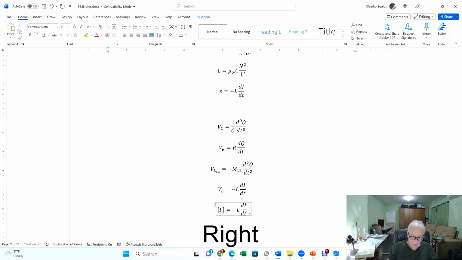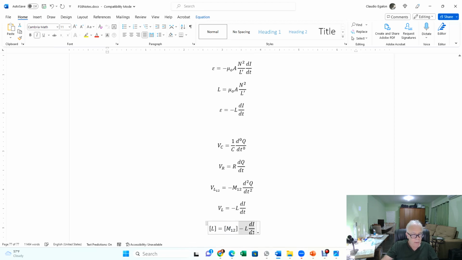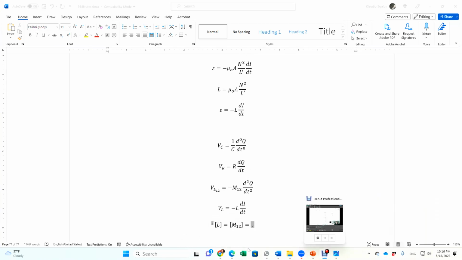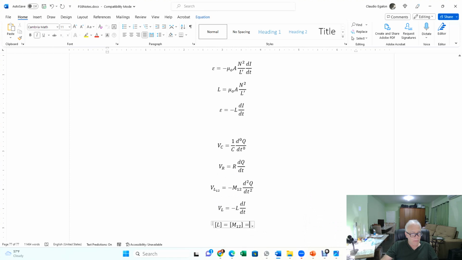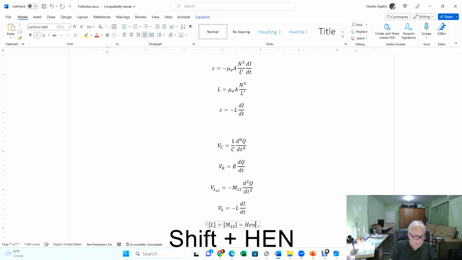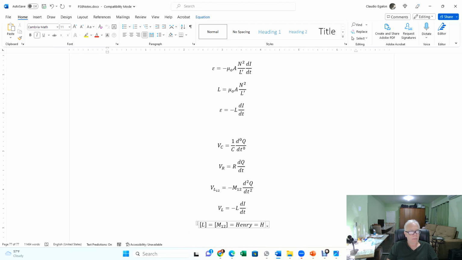The units of L and M. This unit shows up so frequently that we give it a name of Henry, for the letter H. Okay.